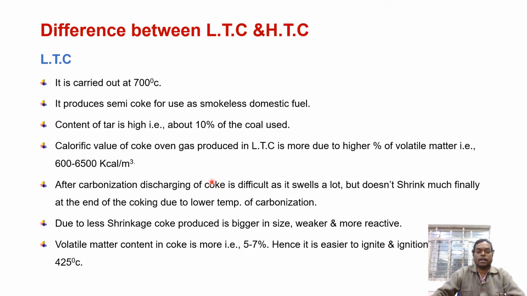Finally, at the end of the coking, due to less shrinkage, coke produced is bigger in size, weaker and more reactive. And here the volatile matter content is more, that is 5 to 7%. Hence it is easier to ignite.